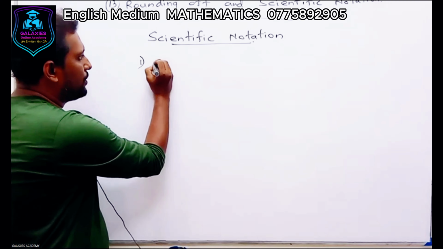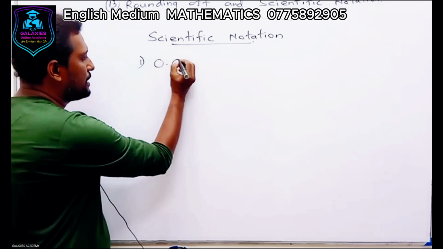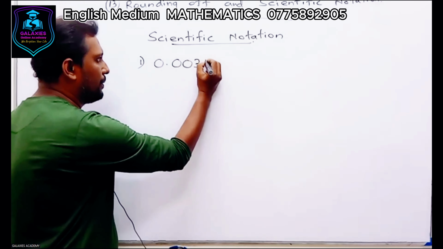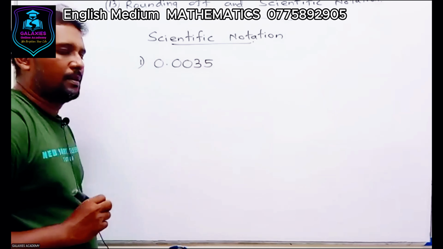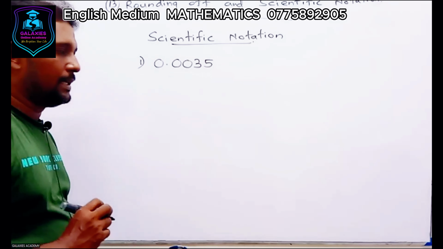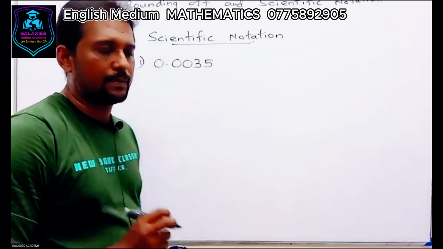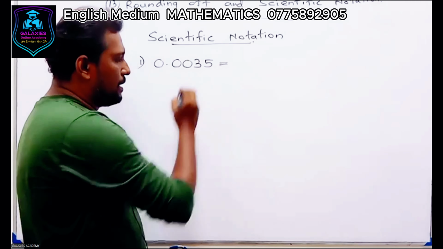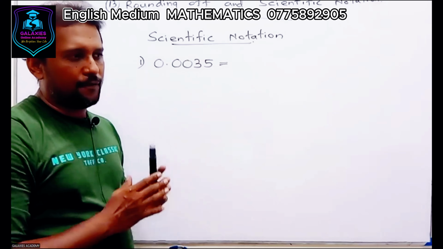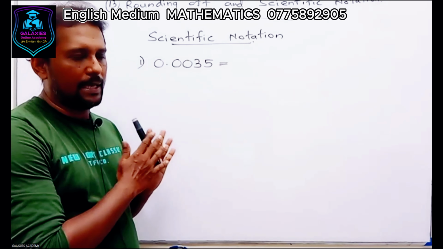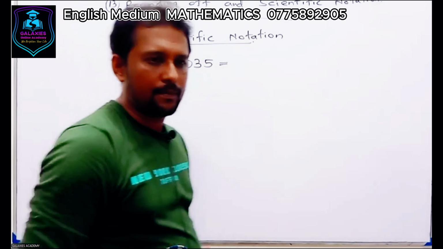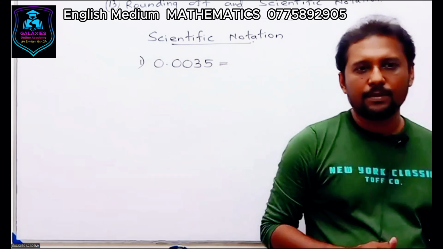First example, look at 0.0035. Right, 0.0035. Can you tell me what is the first digit of this number except 0? 3. 3.